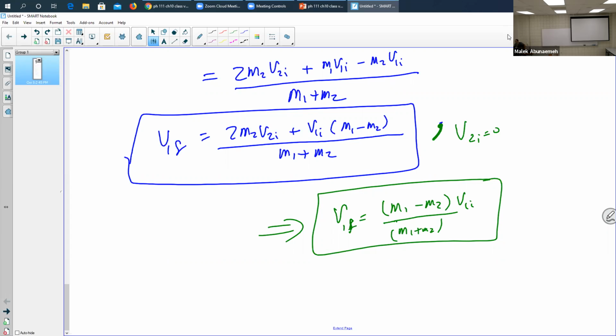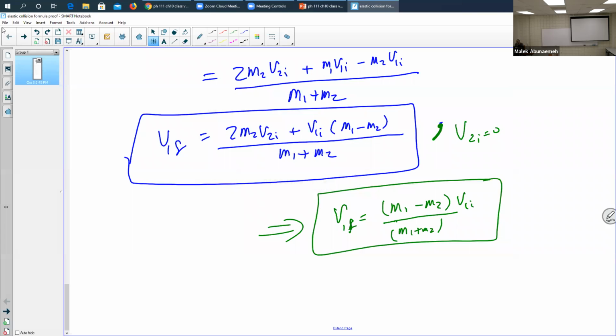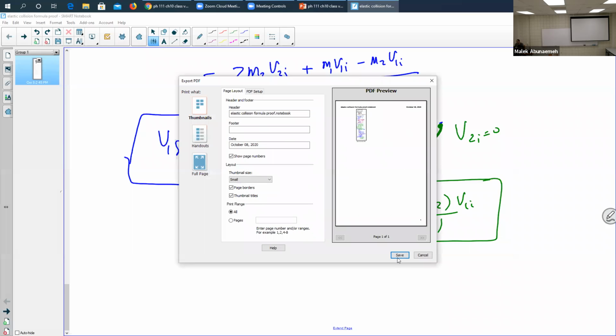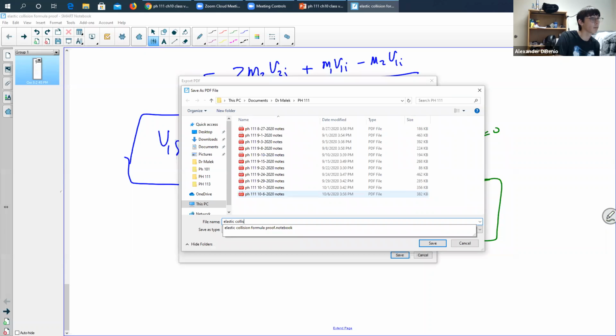It is long. Actually, let me go ahead and save this. I'm going to save it as 11 Formula proof. Okay, let's just go do this. Is this elastic or is it plastic?